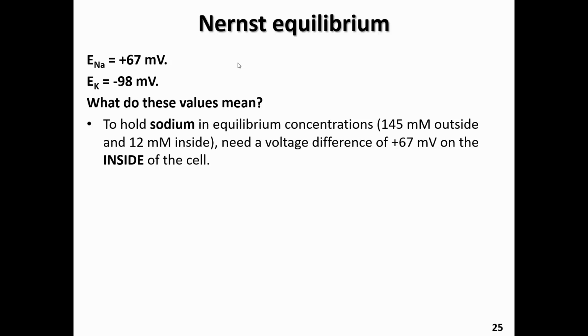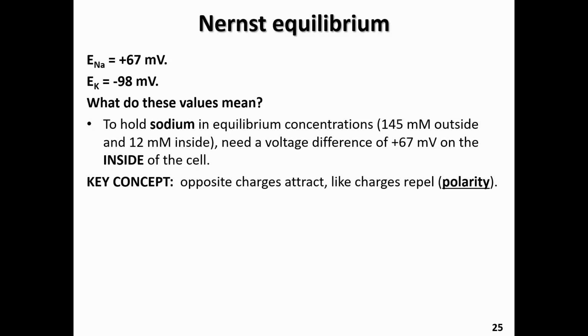What these values mean, if we just look at sodium here, is that to hold sodium in what's called an equilibrium concentration, and as a reminder, equilibrium does not mean equal because we have 145 millimole outside and 12 millimole inside, to hold it at this concentration difference, we need a voltage difference of plus 67 millivolts on the inside of the cell with respect to the outside.